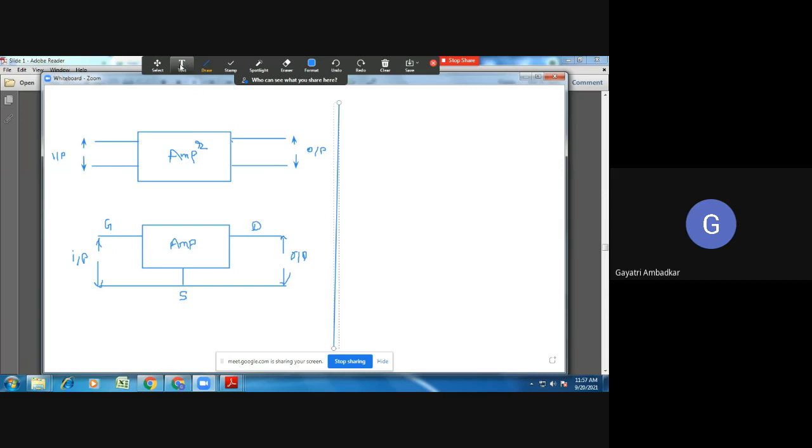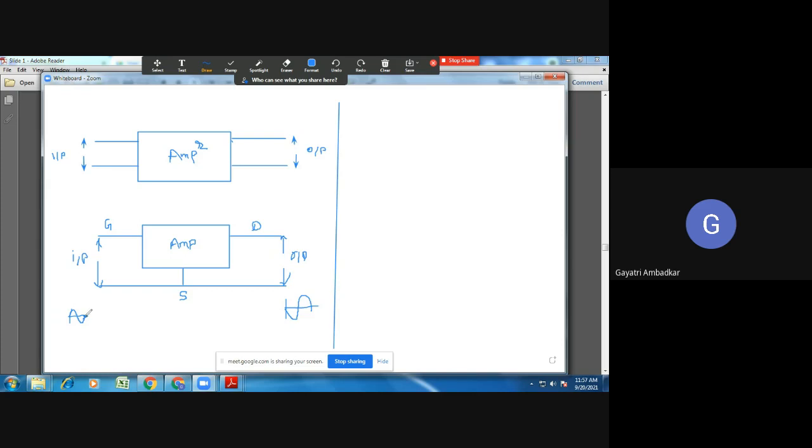We have defined what is amplifier, that it takes a small signal and increases the strength of the signal, or it increases the amplitude of the signal. If you apply a signal here which is weak or having small amplitude, you will get here the output, which is an enlarged version of this.